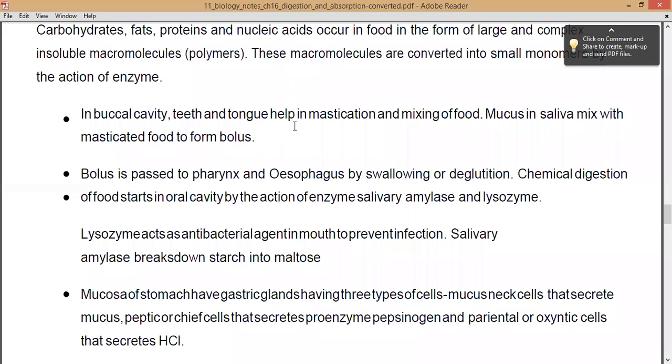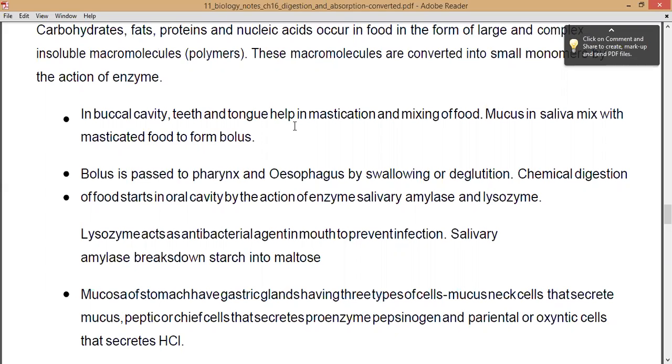This masticated food is mixed with the mucus of the saliva, and at that time it forms a soft food, or soft bolus. So what exactly is a bolus? The masticated food plus saliva forms the bolus.